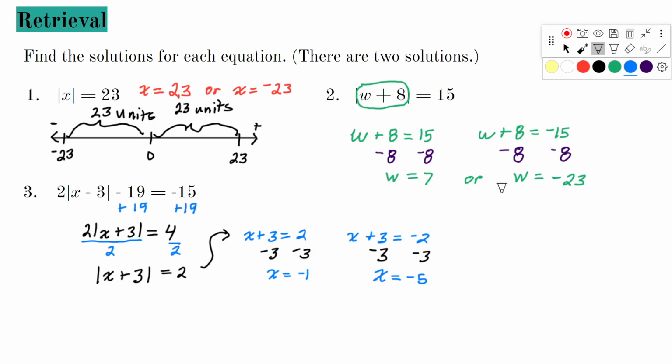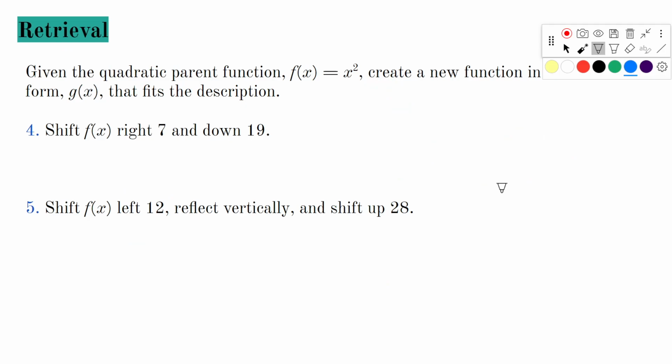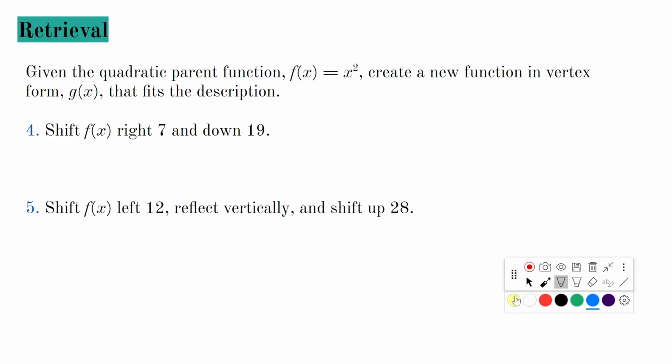For the next part of our retrieval, we're going to be writing equations in vertex form. Remember, vertex form is f of x equals a times x minus h squared plus k.